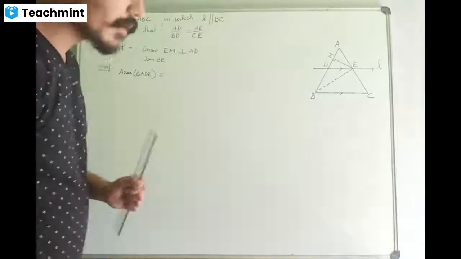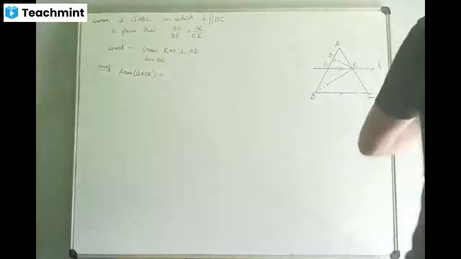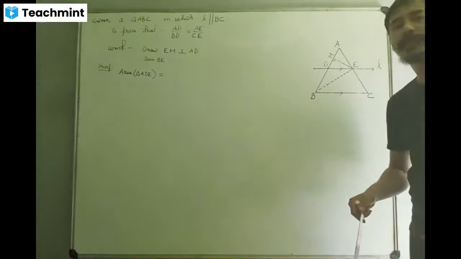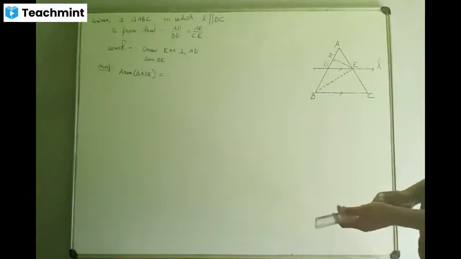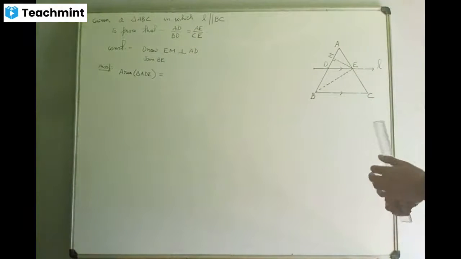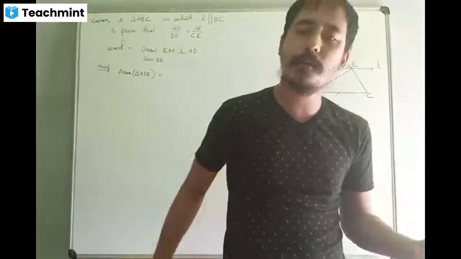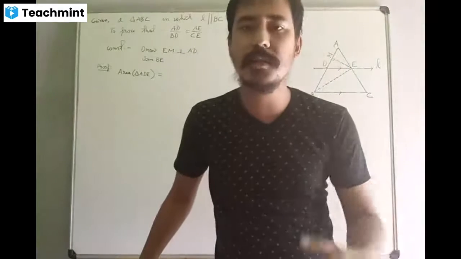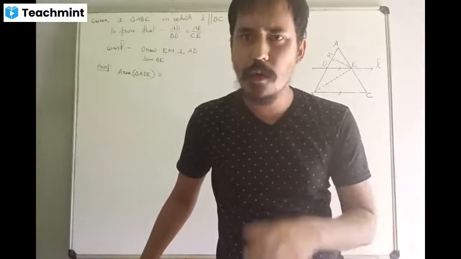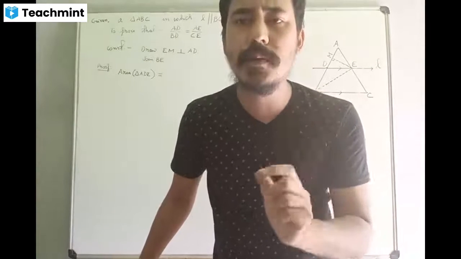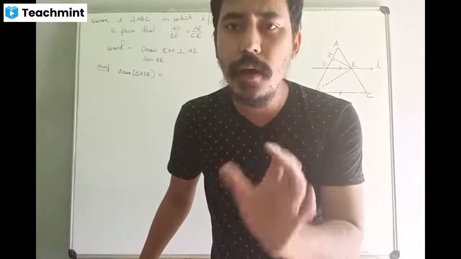Now, what to do? In this triangle ADE, which side is going to be the base and which is going to be the height? Now you see, whenever you apply the formula for area of a triangle, which is half base into height, always remember that the base should always be perpendicular to the height.